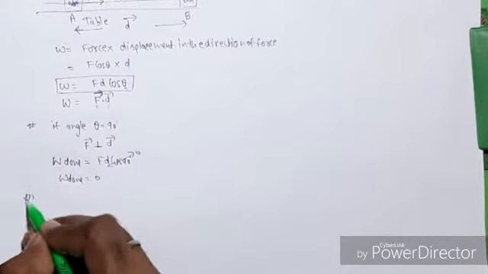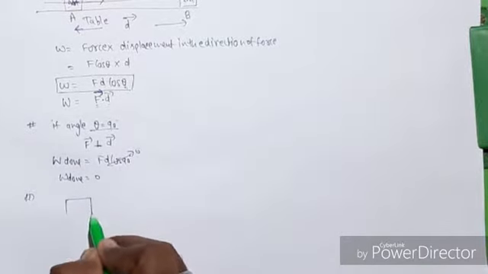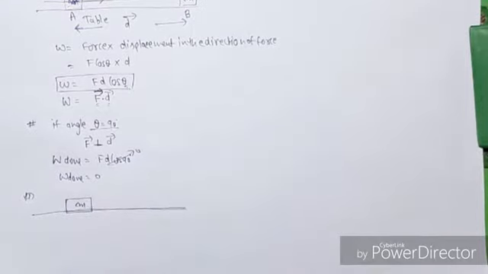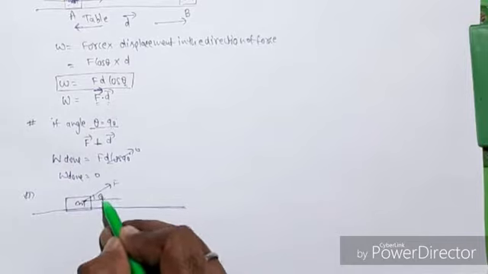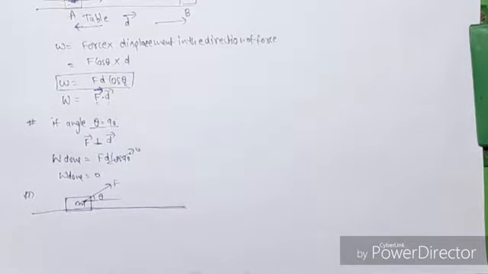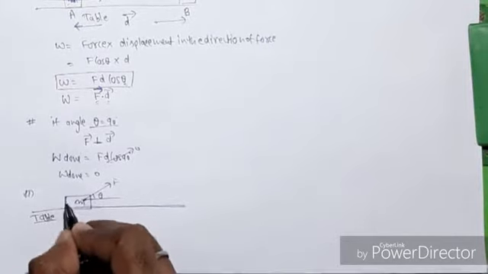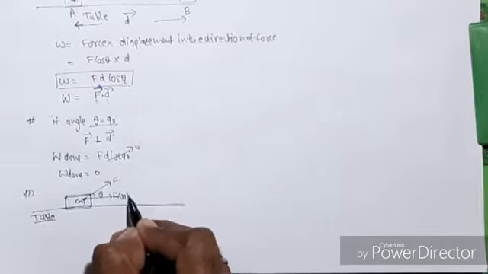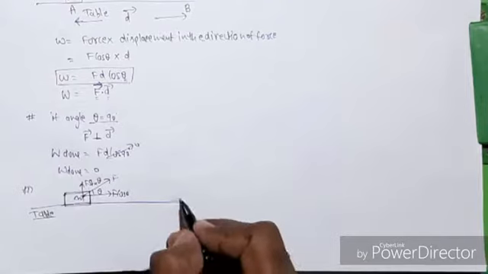And let's take an example of the 90 degree angle. Suppose this is a table and a block of mass M is placed over here, and we apply a force F at angle theta, so this is F cos theta and this is F sin theta.